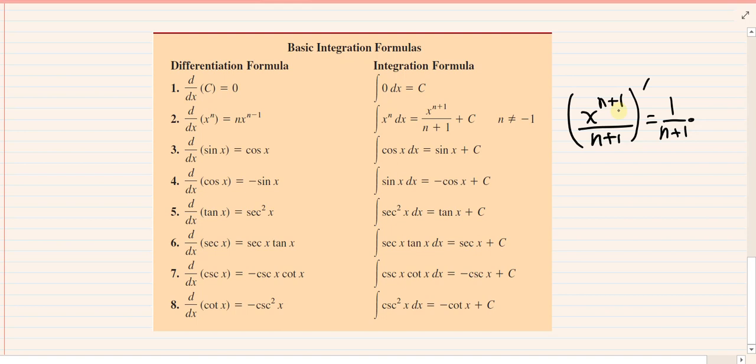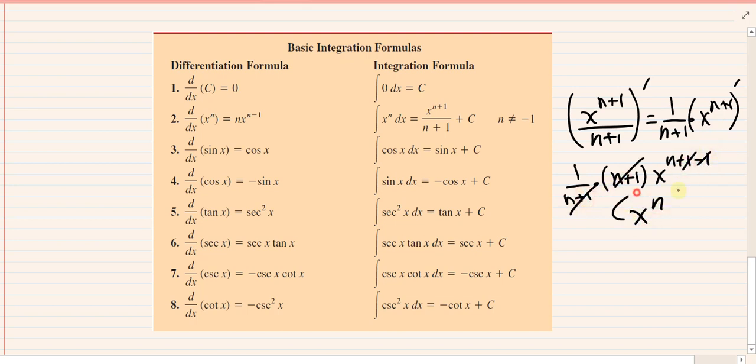And the derivative of x to the n plus 1 is what I want to find, and that's going to be, again, we bring n plus 1 in front, subtract 1 from the exponent, you get n, right? It's n plus 1 minus 1. So this will just give you x to the n. See how that works? And you get back to what you actually started with, right? So this is what we get, 2.